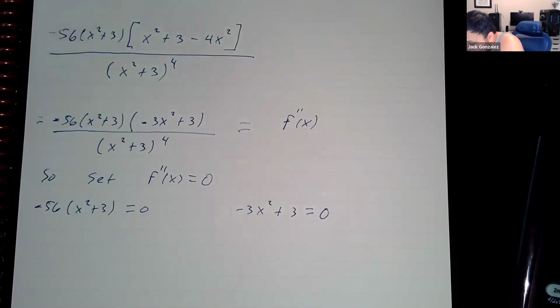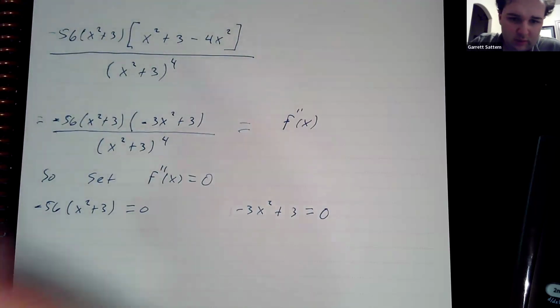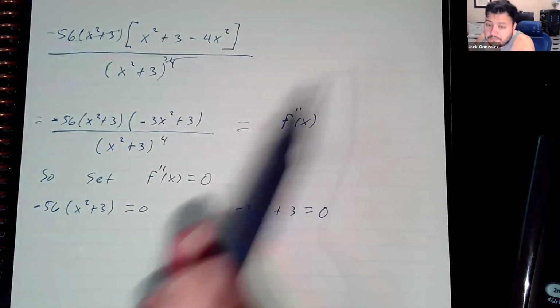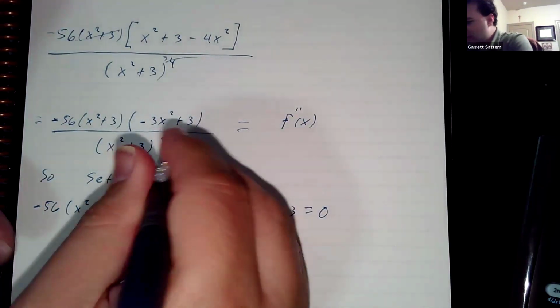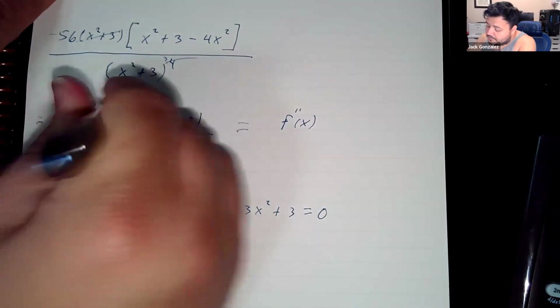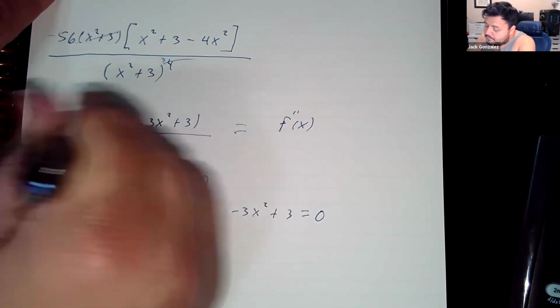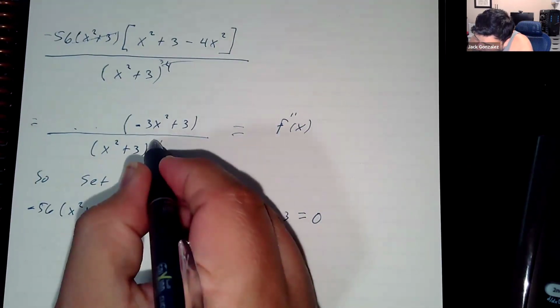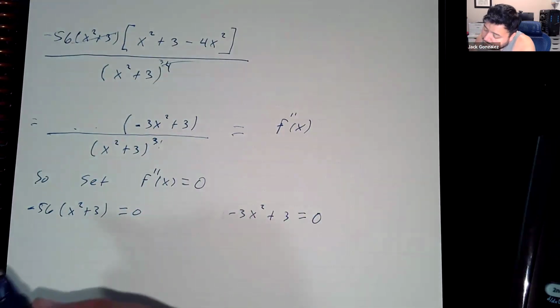Oh, wait a minute. You notice I forgot something? I should have just canceled this. I don't need to do that, right? There we go. So this is already gone. I just forgot. So that's not even a factor. It'll cancel one of the 4 down there.